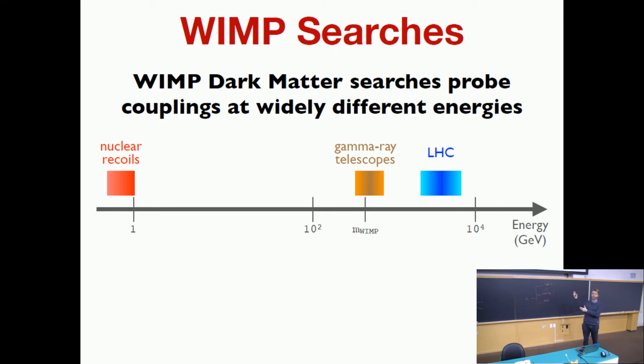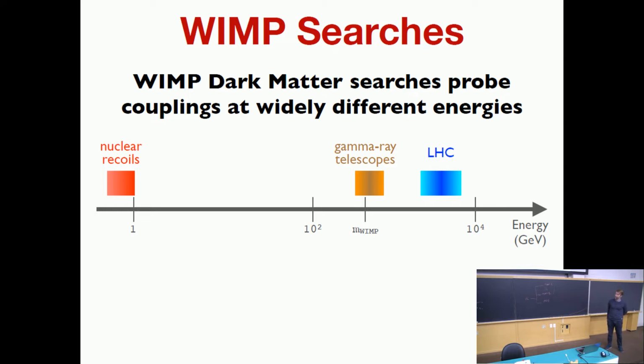This morning we heard about several direct detection experiments, but they always look for non-relativistic elastic scattering of dark matter particles, okay? But we know there are also experiments such as indirect detection, such as colliders, where they probe something completely different, a completely different process, and the process happens at a different energy scale, okay?